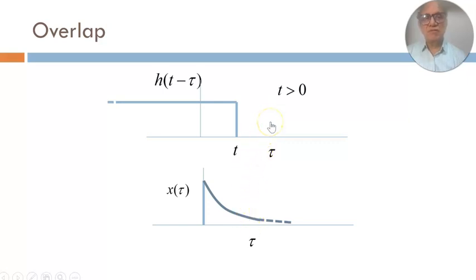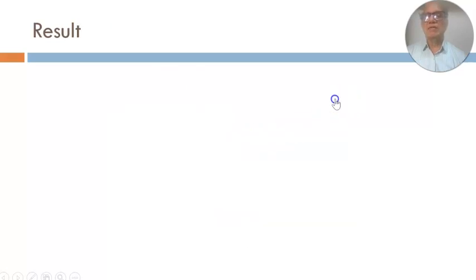So when you evaluate the convolution integral, the essential limits are for tau from 0 to t. So let us write that integral now. For t greater than 0, e raised to minus a tau multiplied by 1, because remember in this 0 to t range, when tau lies between 0 to t, your unit step function has a value of 1.